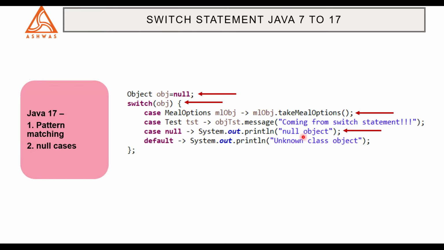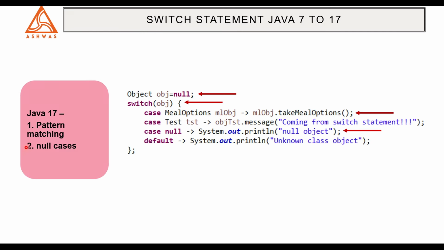In this case, I'm just printing, okay, you're sending me a null object. So I print it and I move on. If I wouldn't find any matching cases, I execute the default case. Let me remind you that if I'm using switch as an expression, my default case makes it exhaustive. It is important, mandatory even, to write this in my switch expression.